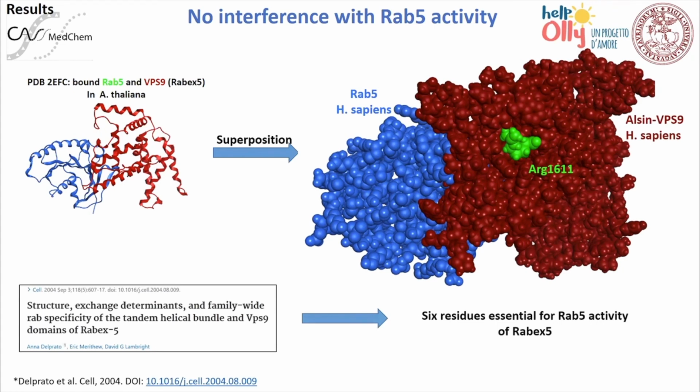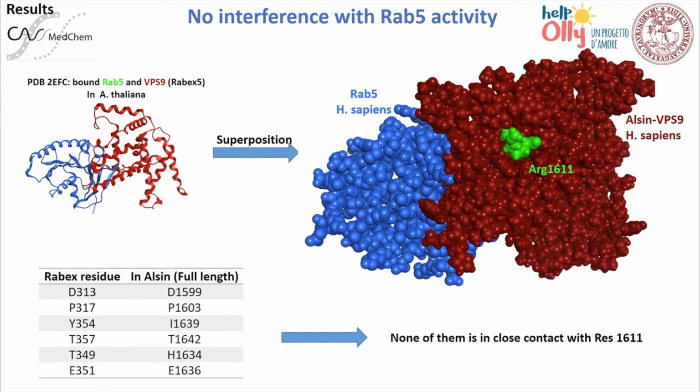Moreover, a literature search showed that some residues have been shown to be essential for the Rab5 activity. And indeed, 4 of them are conserved in the human VPS9 of Alsin, and none of them is in close contact, neither with the mutated residue, nor with the residues interacting with our drug candidate.